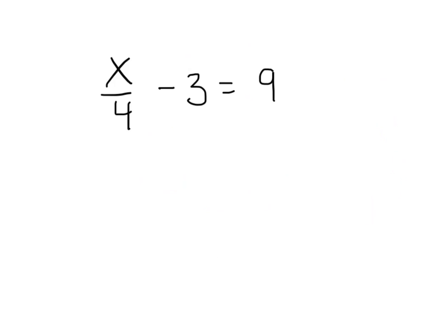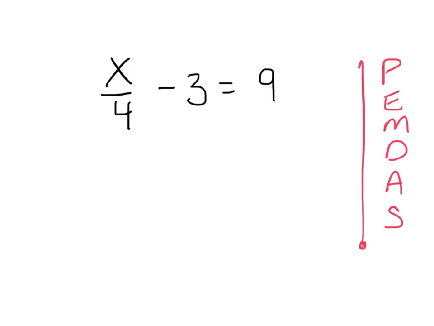Here's our next problem. X divided by 4 minus 3 equals 9. Go ahead and hit pause if you need more time. Again, I am following order of operations, but this time I'm going to follow it in reverse and get rid of the simplest thing first.